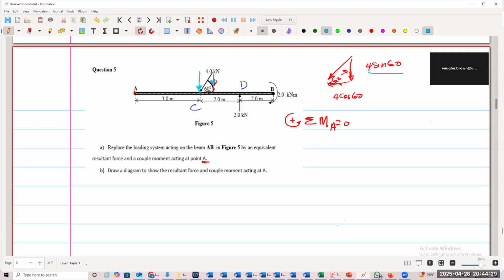So that component is 4 sine 60. If you take moment about A, it is acting in the negative direction, so it is minus 4 sine 60 times 3. Do you agree with that one? Any question there?